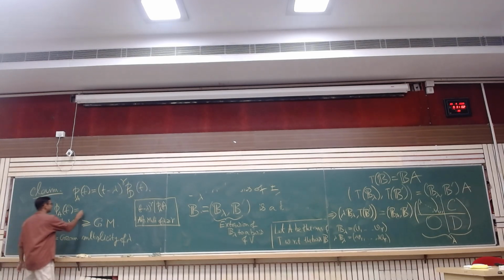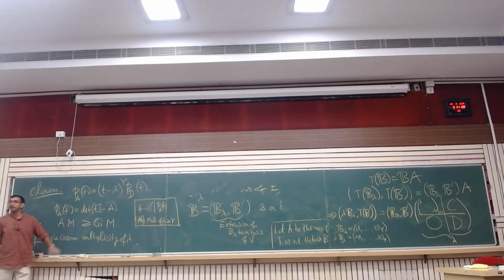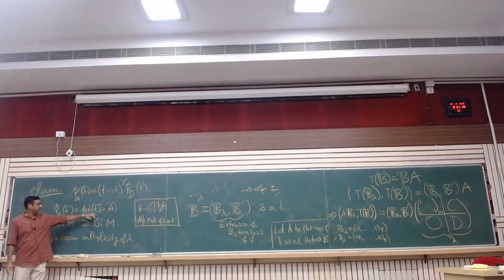We define it by tI minus A because it's a polynomial. By lambda we will prefer to denote the eigenvalues. And then we just write tI minus A. Why do we take t? Of course, you can change the convention. You can write A minus tI, but we stick to this convention just to make it a monic polynomial. The first coefficient is then t to the power n.